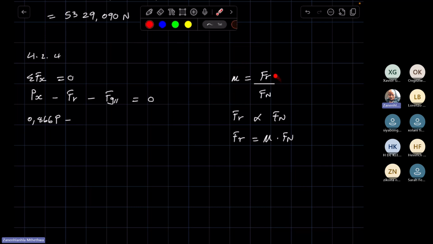So we are able to replace the frictional resistance with mu times the normal force.